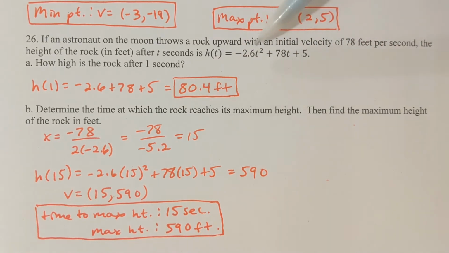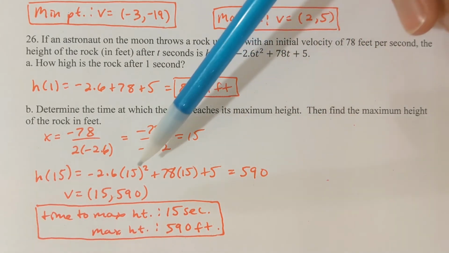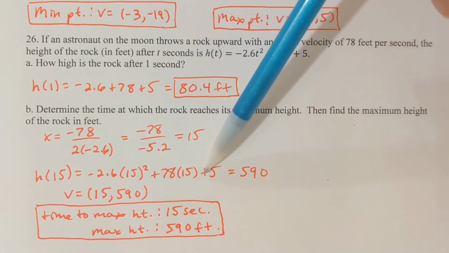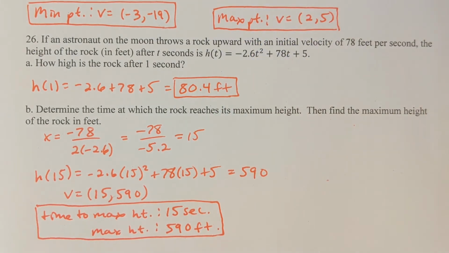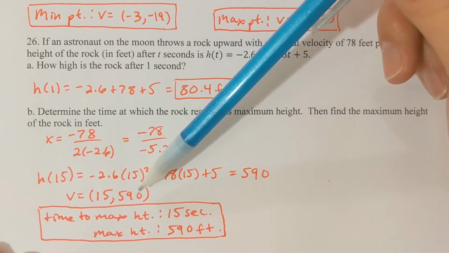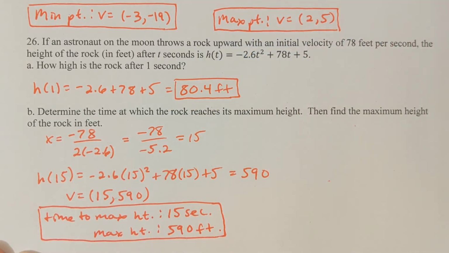To find that height, I would just plug 15 into the function where I see t. And so I've done that. If you were to then go to the calculator and type this in, I'm getting 590 feet coming out of that. So the vertex, the highest point on the graph, would be located at 15, 590.